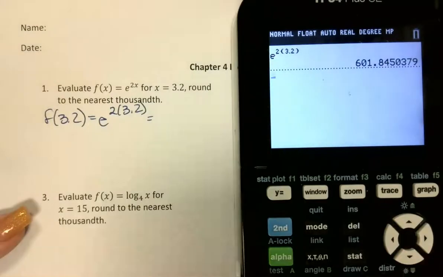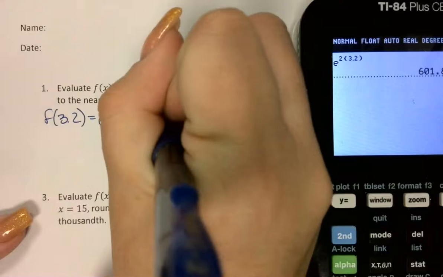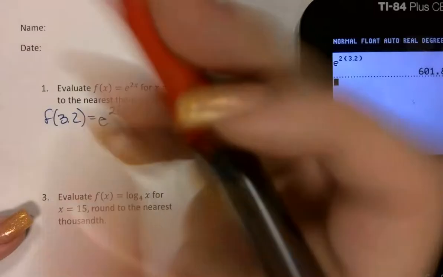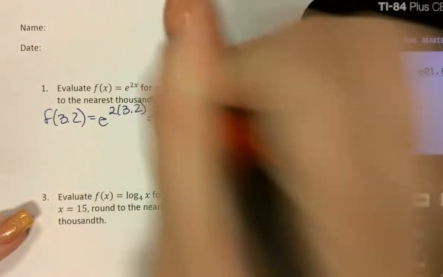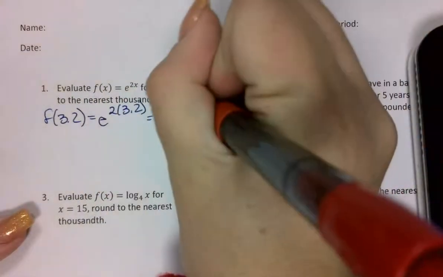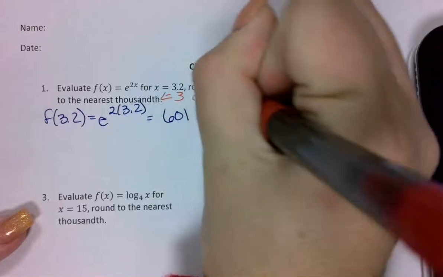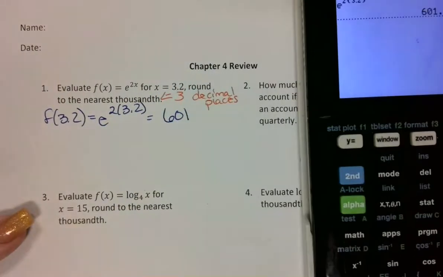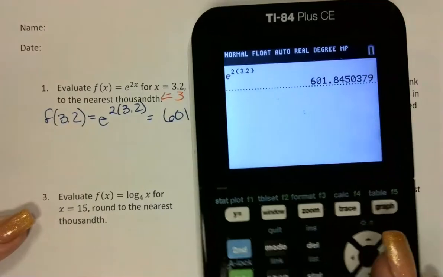So this gets me 601, and then it wants me to round to the nearest thousandth, which is 3 decimal places. So 601.854.